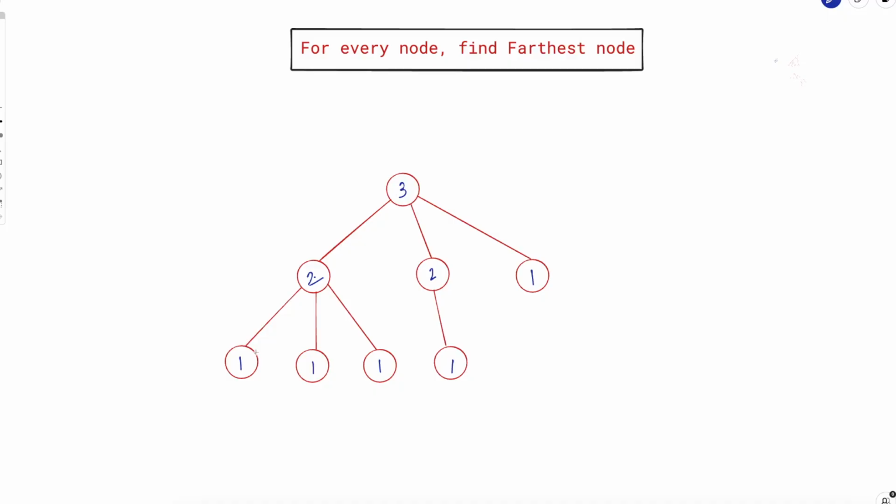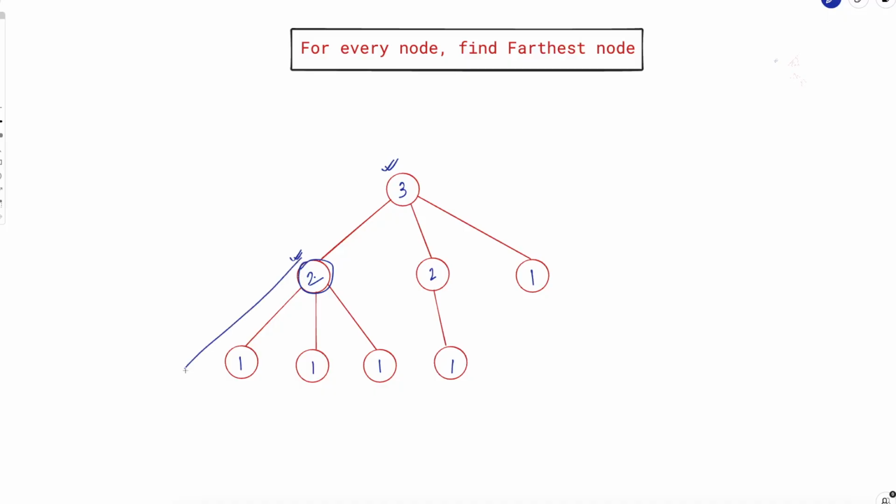So with just one DFS, you got what is the farthest node from this node in the downside, right? So let's say you want to figure out what is the farthest node from this node in this entire tree, right?